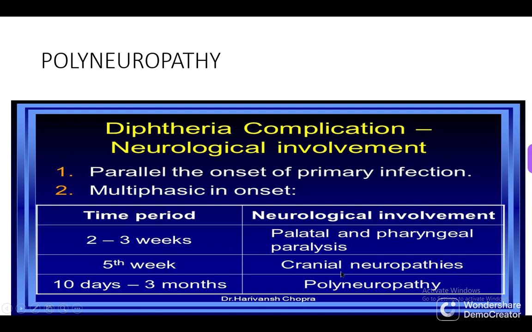And in the 5th week, the cranial neuropathies, the 3rd nerve and 7th nerve, will be involved. But 10 days to 3 months afterwards, as you have read in neurology, it can cause delayed polyneuropathy.